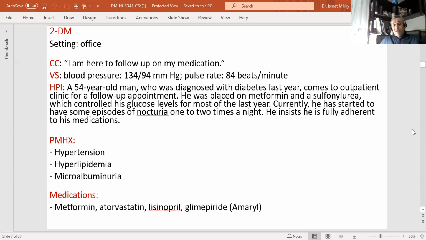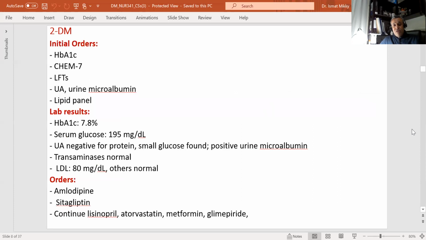History of present illness, past medical history, medications. Initial orders are hemoglobin A1C, CMP, liver function tests, urinalysis.